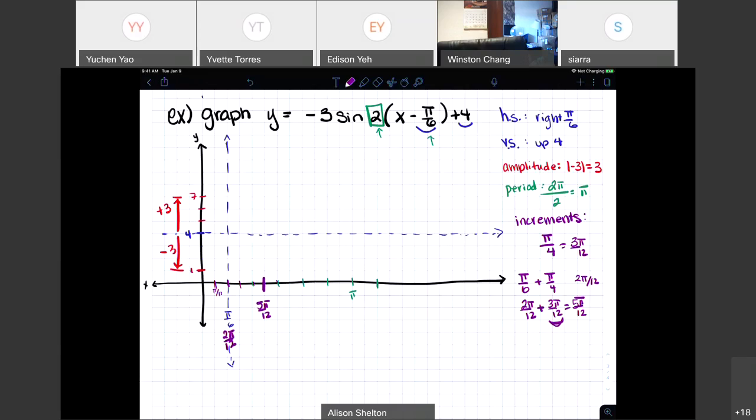So 5 pi over 12 plus 3 pi over 12 is going to be 8 pi over 12. So 1, 2, 3, we've got 8 pi over 12 right here.